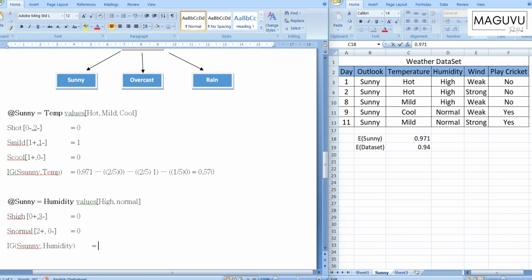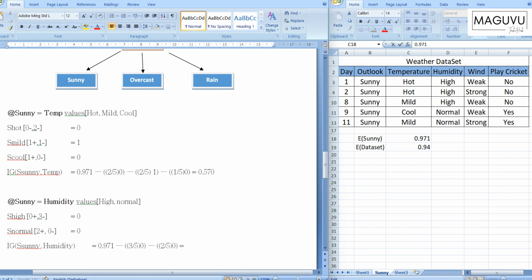This will give us, and we are considering the entropy of sun, which is 0.971, and then we want to consider those two values there, which becomes 3 divided by the total number of rows where we have got a sun, which is 5, then multiplied by the entropy, which is 0, and then we also do the same for the next value, where we have got a total of 2 divided by 5 multiplied again by the entropy of 0.